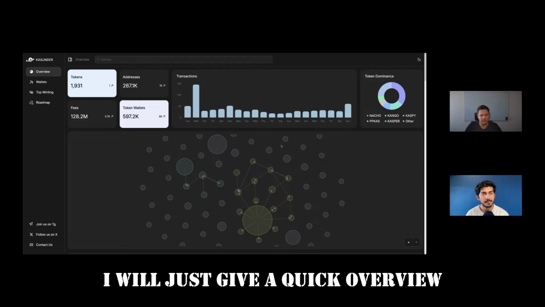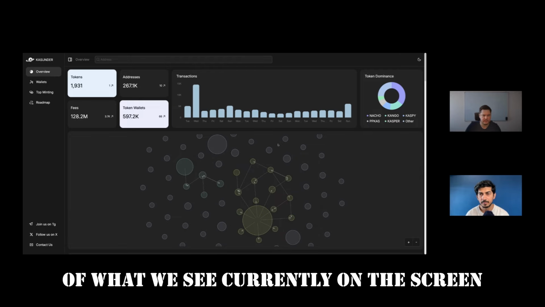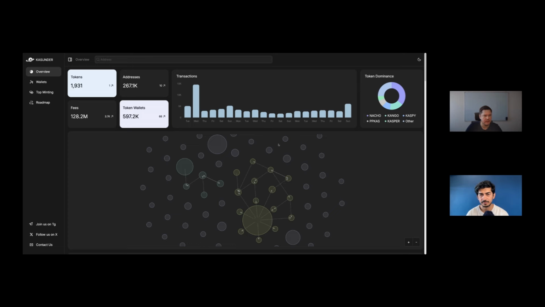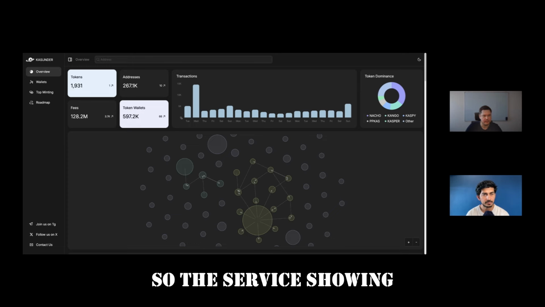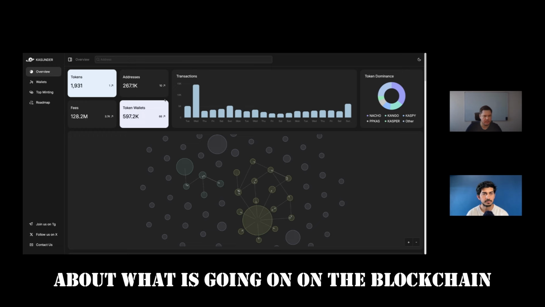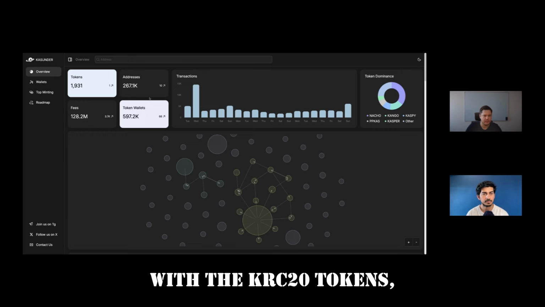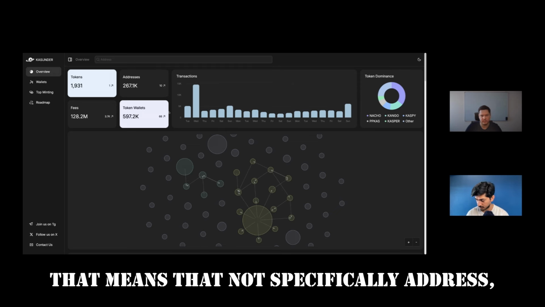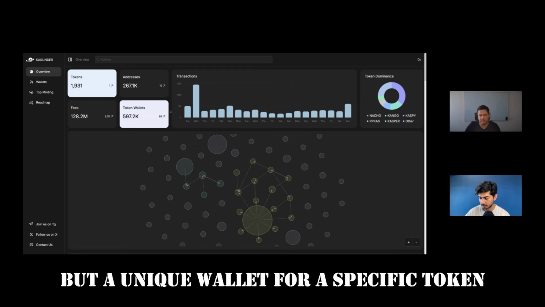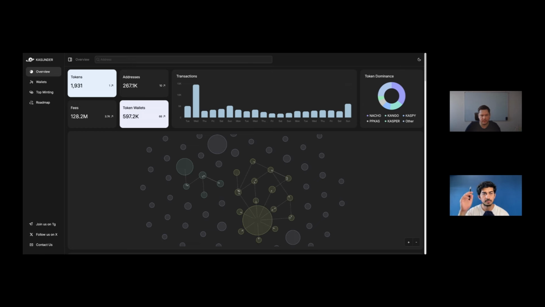I will just give a quick overview of what we are seeing currently on the screen. The service shows some basic information about what is going on on the blockchain with the KRC20 tokens: how many tokens we have, how many active addresses, active wallets. That means not specifically an address, but a unique wallet for a specific token.